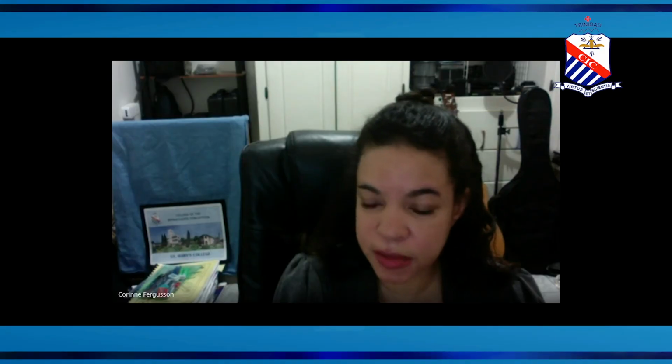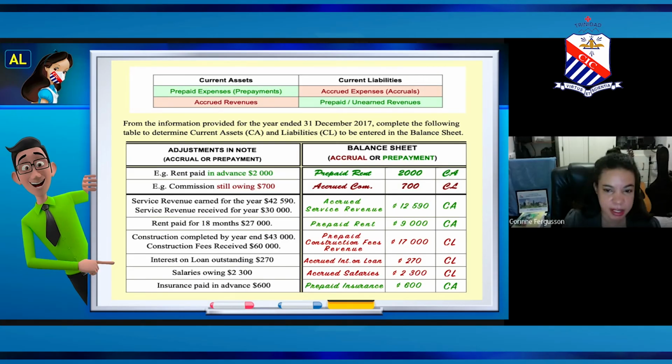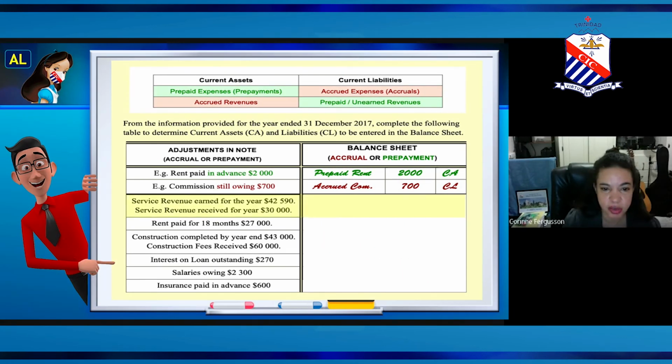We'll just go, because of time, I'll just go into the answer. But these are basically the answers for each one. You have service revenue earned, so which means it's revenue. And the amount earned and the amount received, it means that the amount earned is more than the amount received.